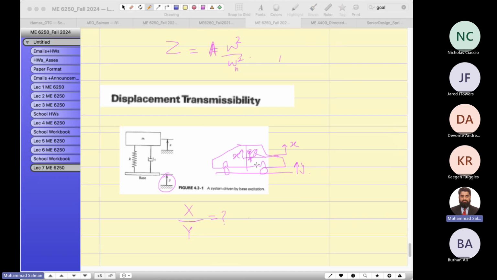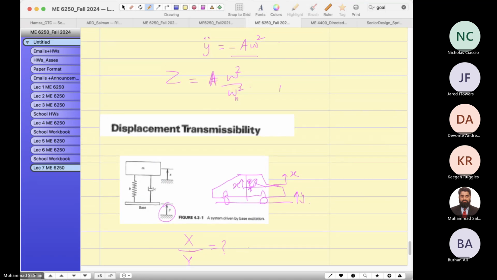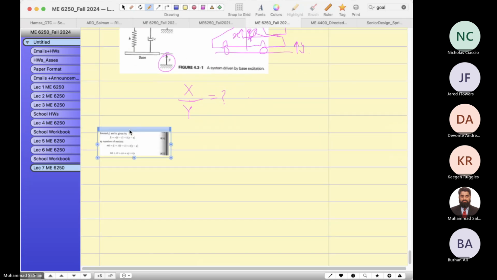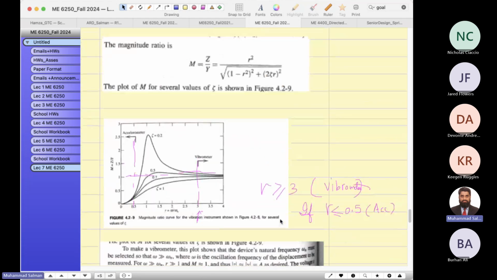So let me show you the equation of motion. This is similar to what I just showed you here.